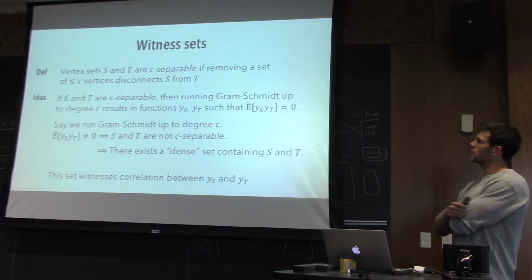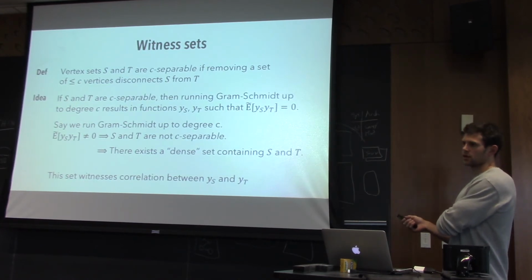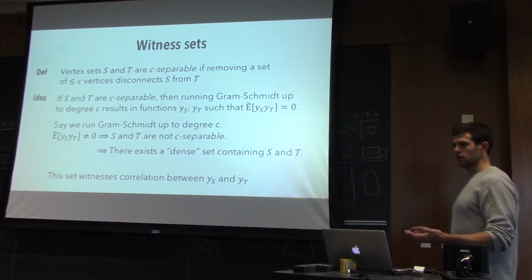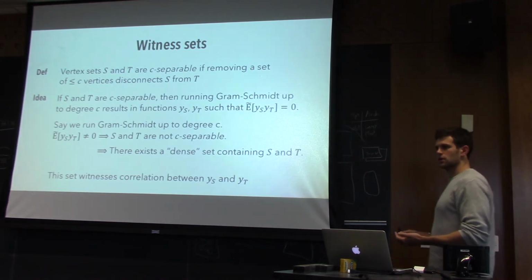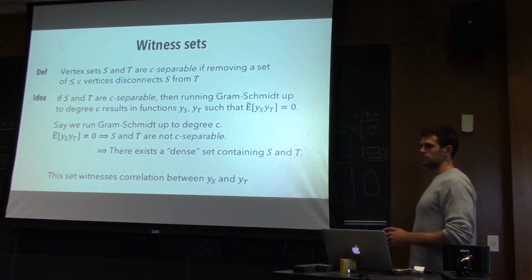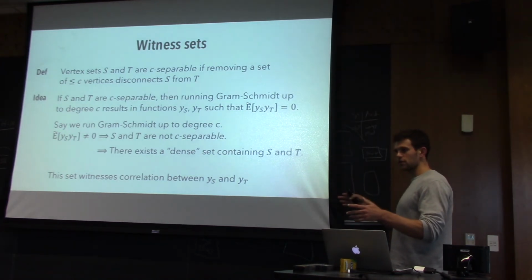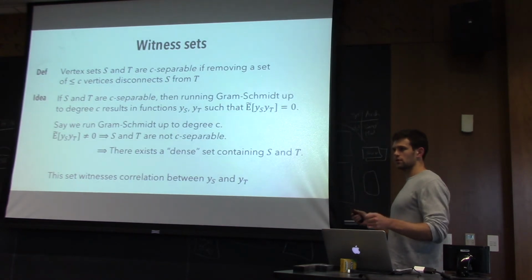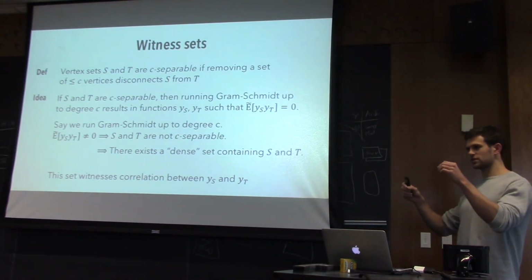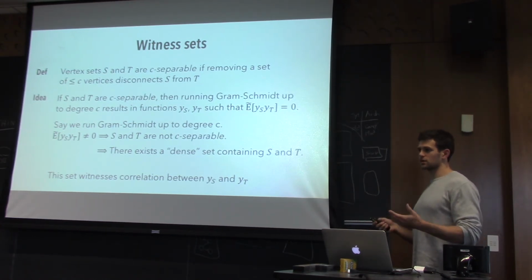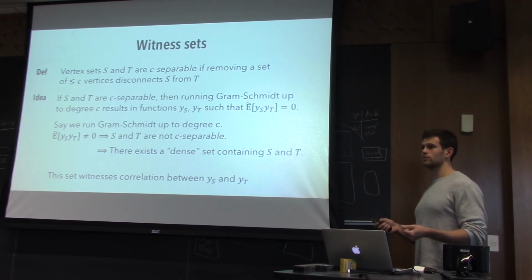Yeah, well, I haven't quite laid it all out yet, but what's going to happen is that if you do Gramschmidt, you come up with some basis function, and along the way you're taking the dot product with a lot of different guys. Say a lot of those come up non-zero. Then that means you have all these sets that certify their correlation. And so you end up with a big set that has a big set that... what am I saying?